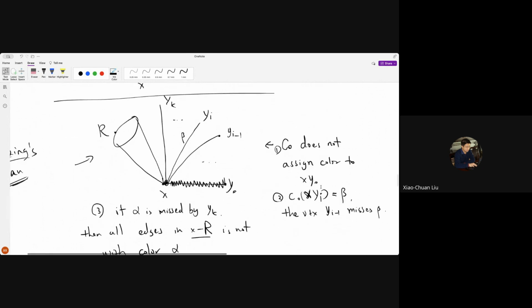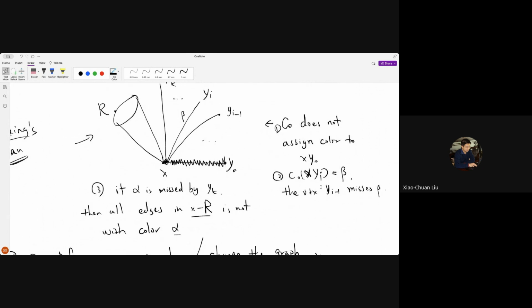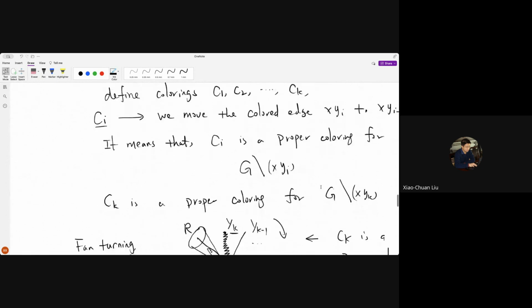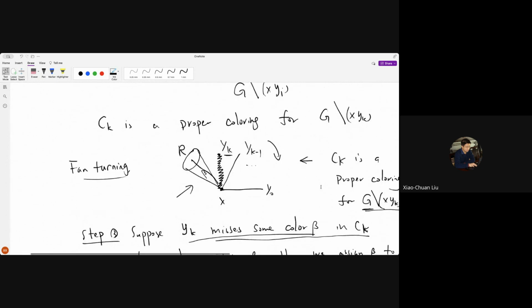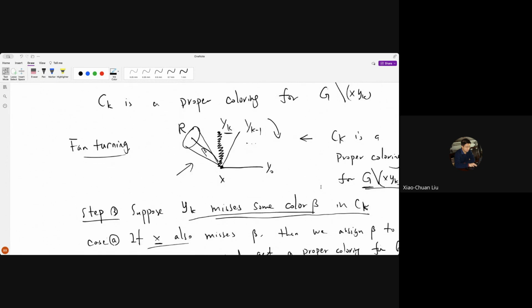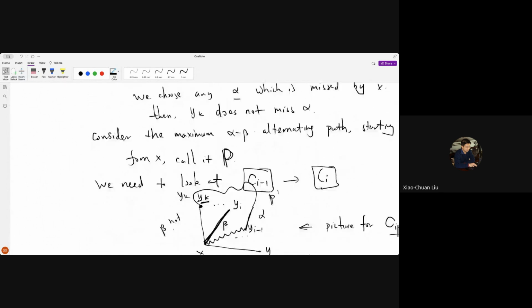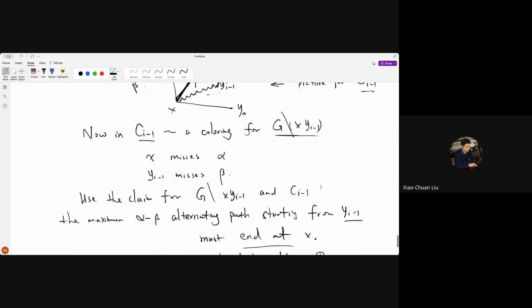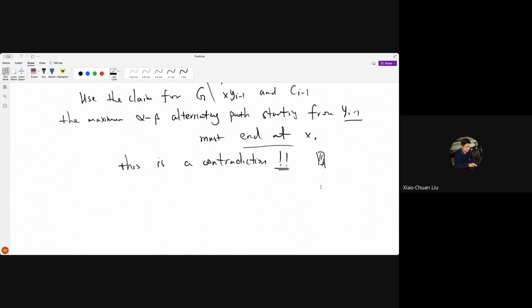In step 2, we construct a sequence of colorings and move along all these graphs. And in the final step, we play with this claim and reach a contradiction. Okay, so I hope that's it. It's not very easy.